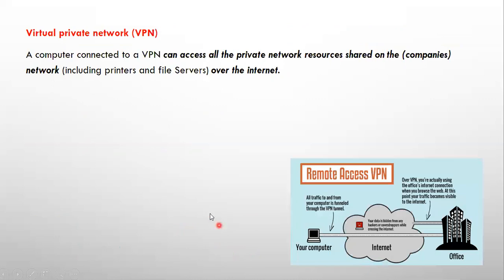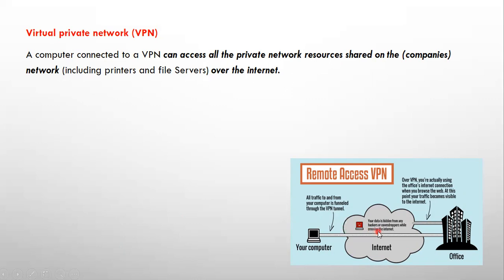Now, your virtual private network: a computer connected to a VPN can access all private network resources shared on the company's network, including printers and file services, over the internet. If you look at the diagram, if this is your computer and you need to access the office intranet or the office computer, that can be done by creating a virtual private network.